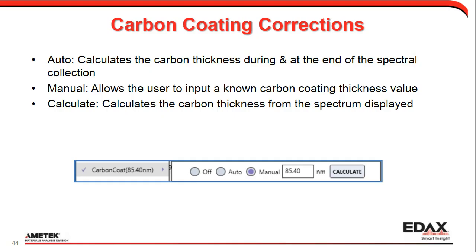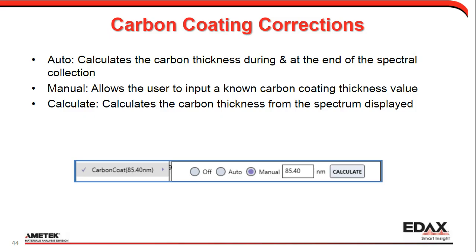Carbon coating corrections come with three options: auto, manual, and calculate. You should use auto if your sample does not contain carbon, then it will automatically calculate the carbon coating thickness. The thickness is based on the height of the carbon peak in the spectrum.